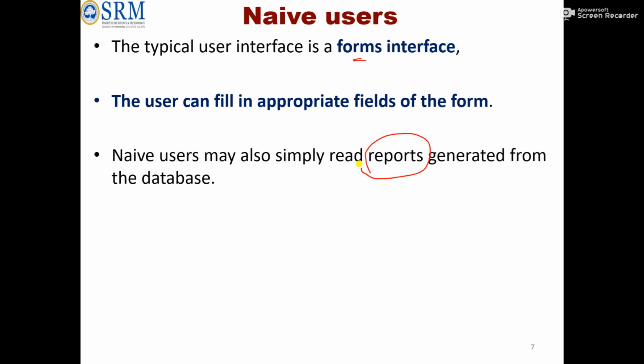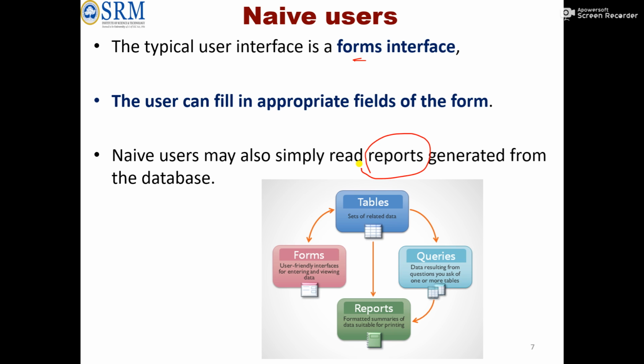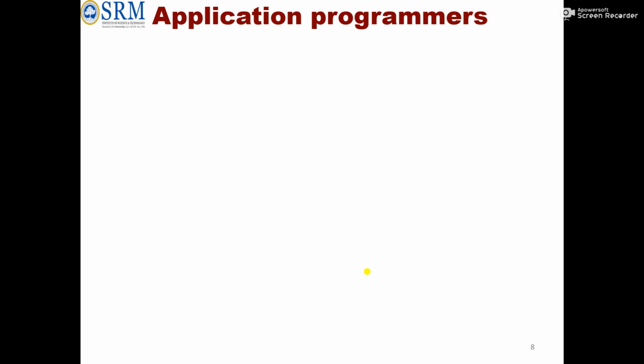So by this way, they have a form. From that form, they are accessing the database and they will generate the reports. Alright? These all are the responsibilities of the naive users.